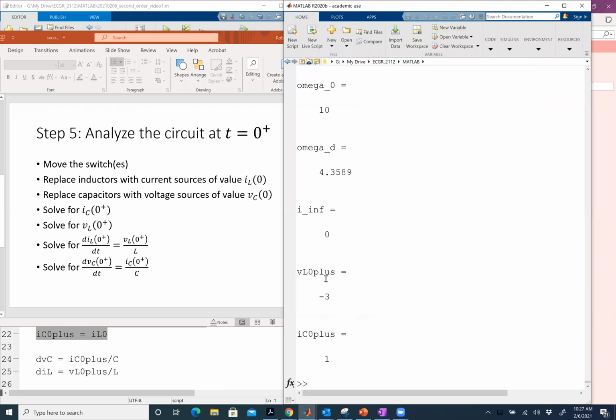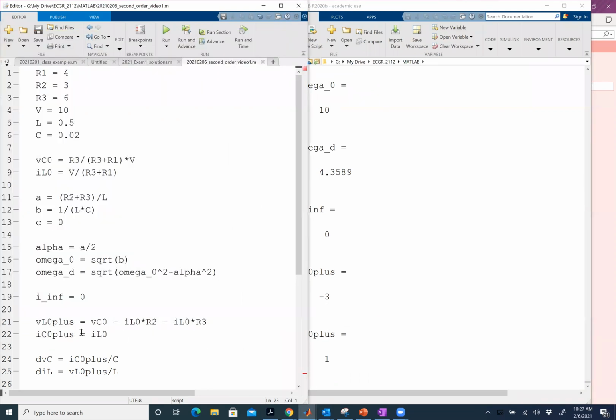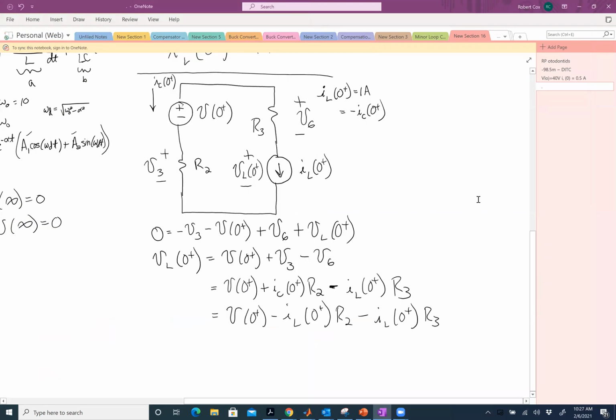I get VL of 0 plus is -3. IC of 0 plus, I should be careful, it's minus IL of 0 plus. So VL is equal to -3 volts, and IC of 0 plus is -1 amp. Now that I actually don't turn out to need in this particular case.